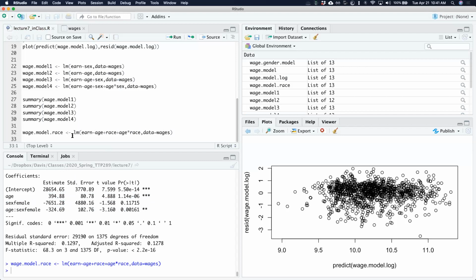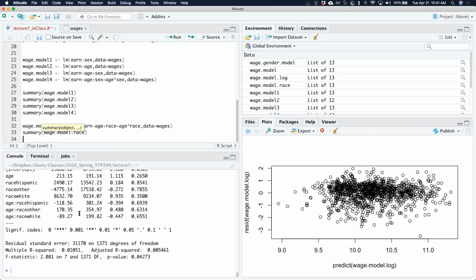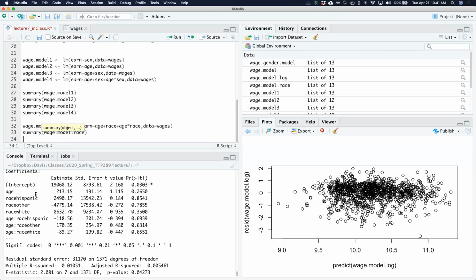And if we look at a summary of this, you now have a base race, which in this case is black. Again, it just goes in alphabetical order. So you have black, Hispanic, other, and white. So black ends up getting set as the base level.